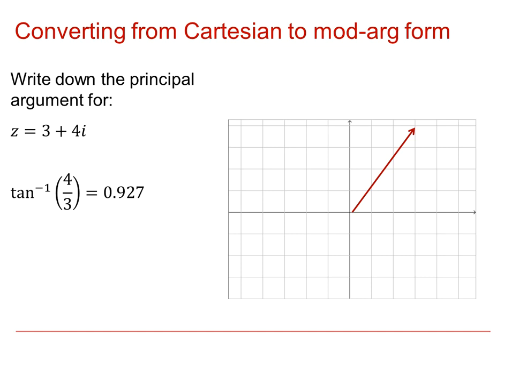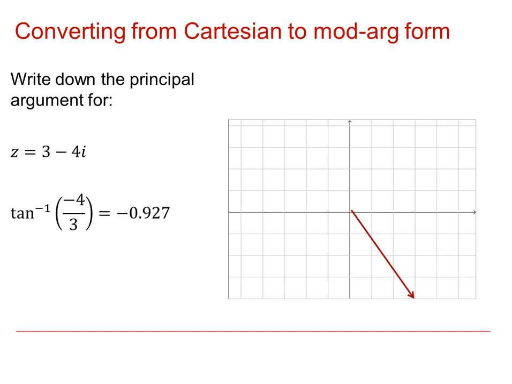If we look at the next one, 3 plus 4i, tan to the minus 1 of 4 over 3, so y over x, is equal to 0.927. And we can see that that's going to be the correct value. The diagram shows us that we're in the first quadrant, and indeed, therefore, we can say that the argument of z in this particular case is 0.927.